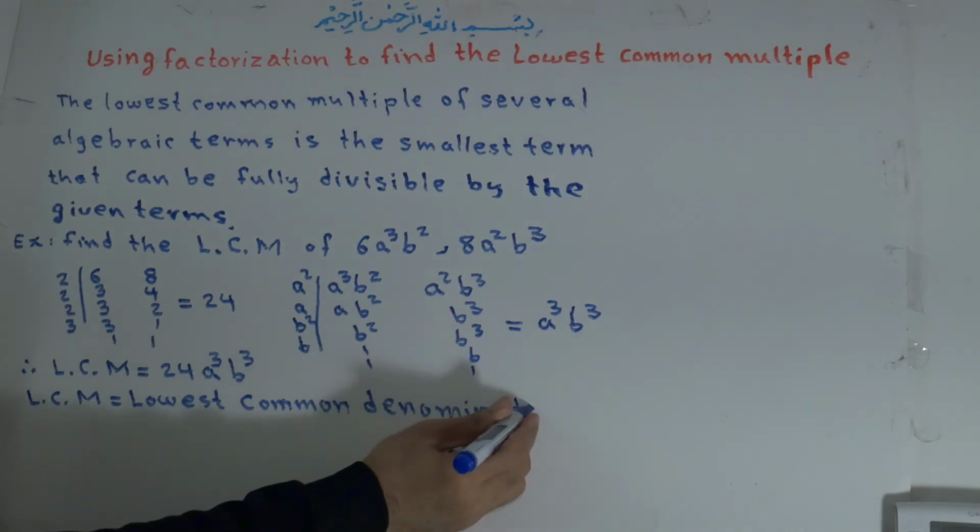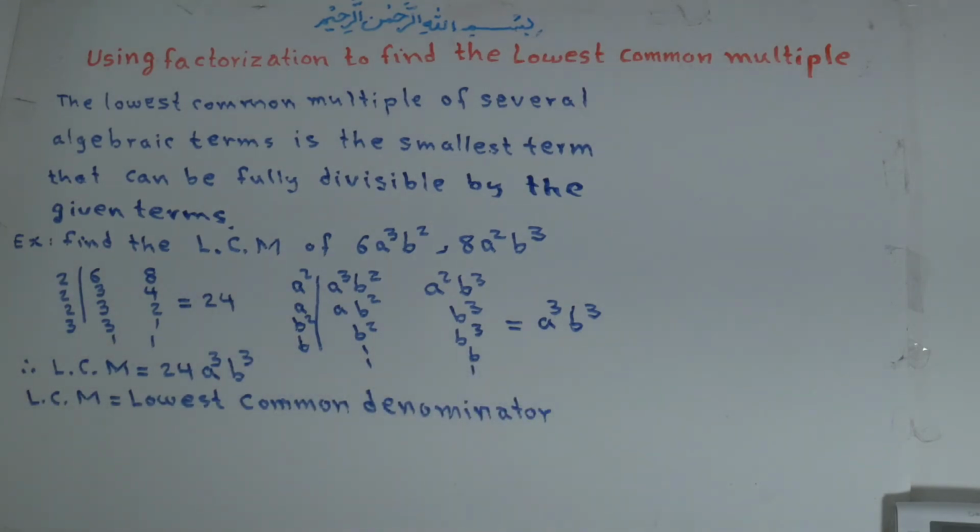If someone tells us to find the lowest common denominator, it is the same as lowest common multiple. If someone says find the lowest common multiple, that is the same as lowest common denominator. They both have the same meaning.